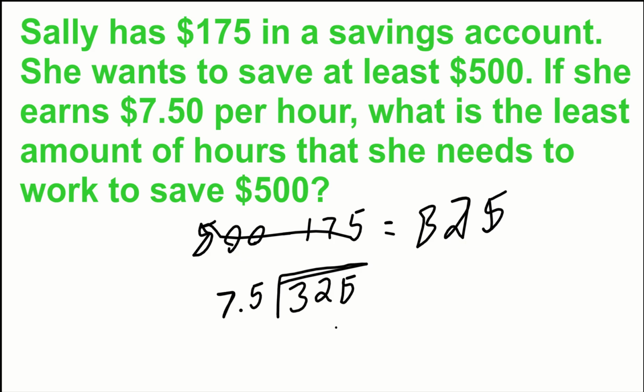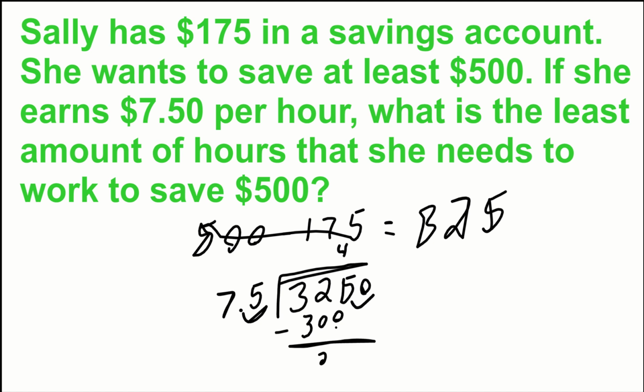That zero is not really necessary at the end, so I'll just cut that off. Move the decimal one spot, decimal one spot. And then we're just looking at how many times 75 goes into 3,250. 75 goes into 325 4 times. That gives us 300.